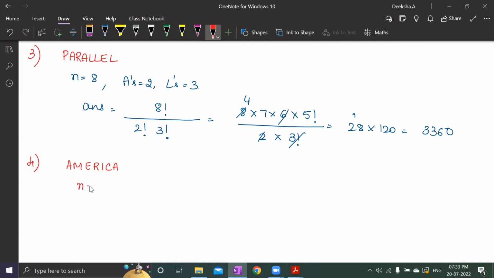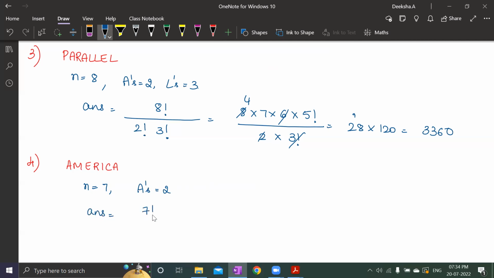What is the n value? How many letters are there? Yes, 7 letters. And what letters are repeating here? Only A is repeating, right? And how many times is it repeating? 2 times.